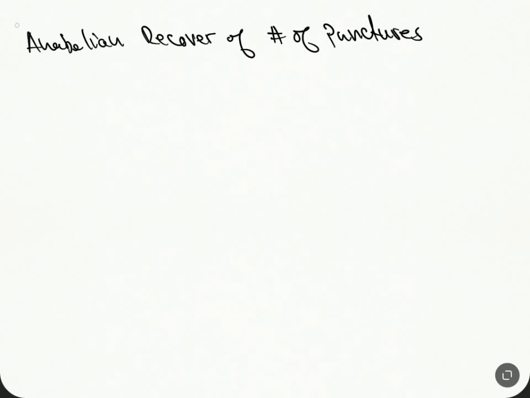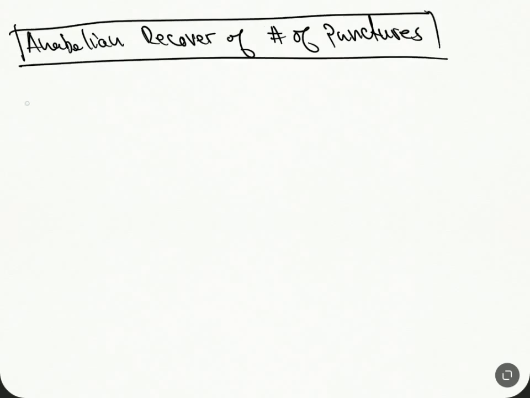So moving along, we can prove the following theorem using the proposition. Okay, so this is the Abelian recovery of the number of punctures of a curve. So the statement is the following.